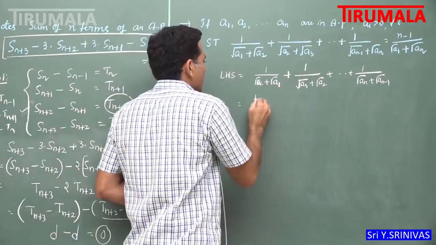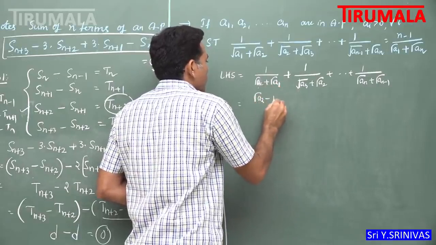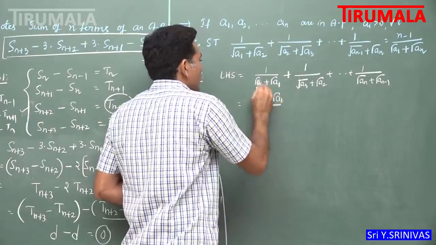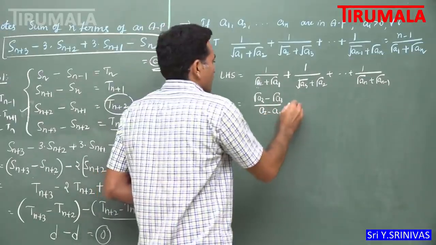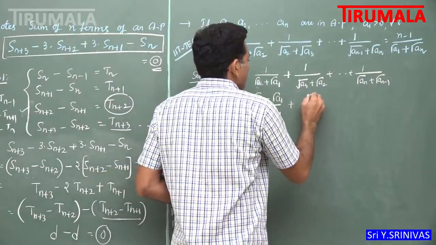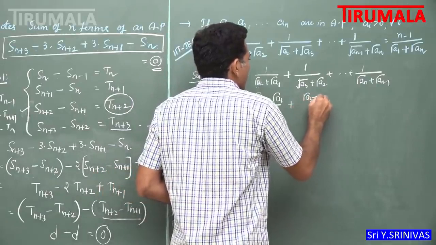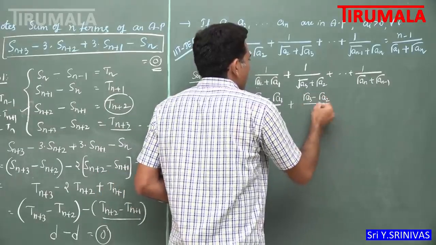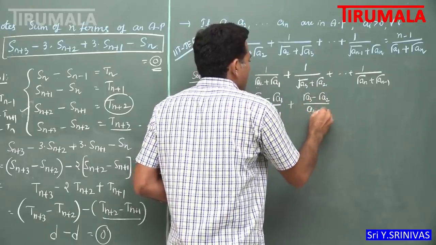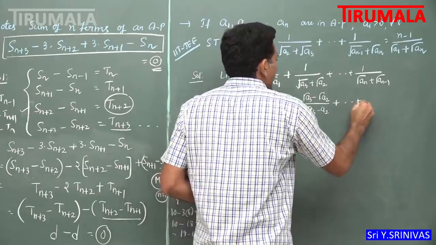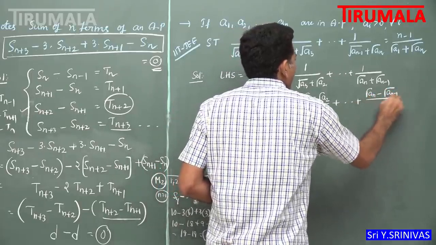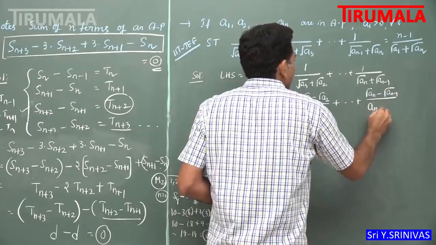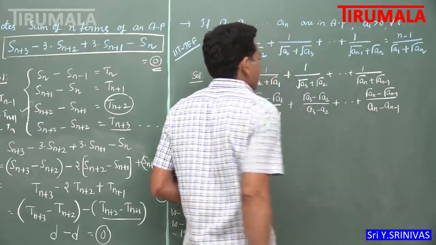Rationalize the denominator. Multiply with root a2 minus root a1. Denominator is a2 minus a1. Here again multiply with root a3 minus root a2, denominator a3 minus a2. Last one, root an minus root an minus 1 by an minus an minus 1.